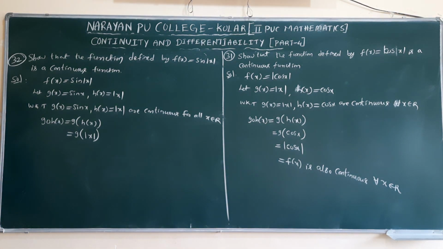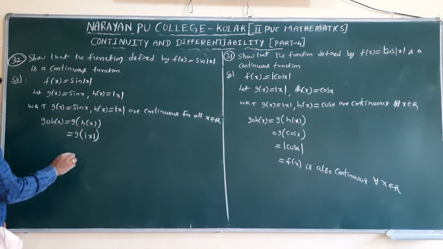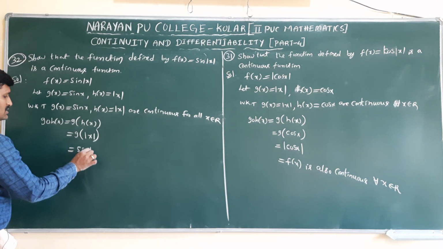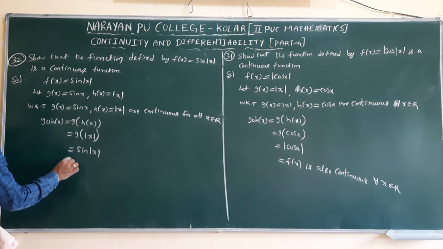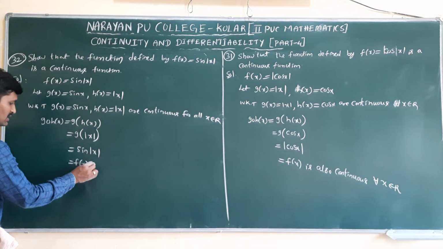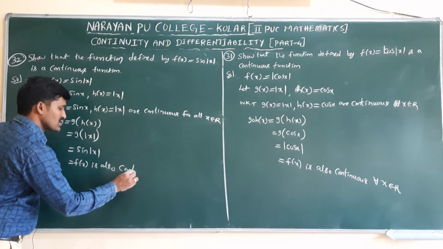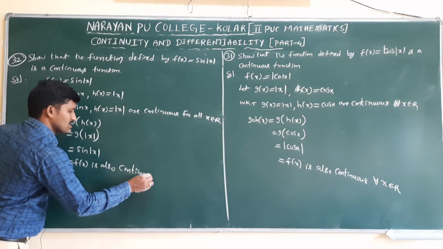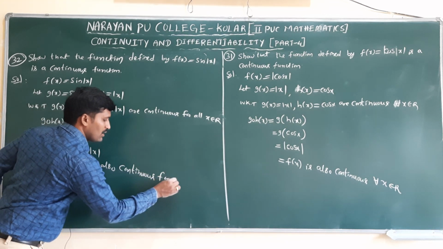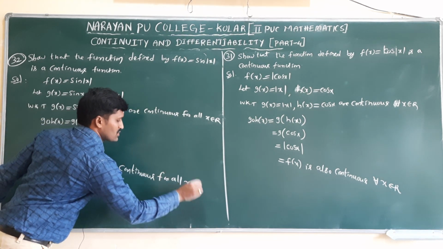This value we substitute in the g function in the place of x. Sine of mod x, which is nothing but f of x, is also continuous for all x belongs to R.